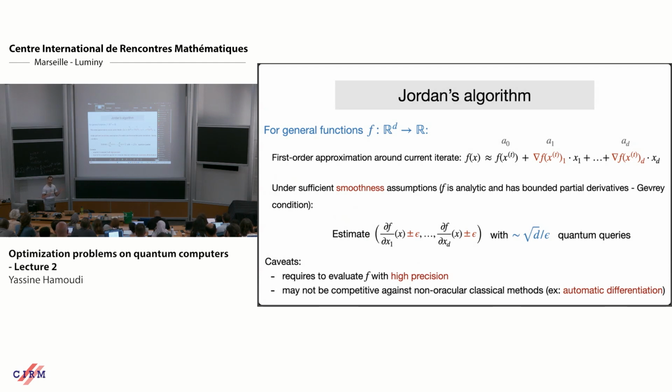Right now we just assume that the only thing you can do to get information about f is to make queries. You don't know how the oracle is actually implemented. Of course, in practice there is some actual implementation, so you could just open up the circuit and look at it. This is what is done, for instance, in automatic differentiation, and it may be more efficient than these black-box approaches. So it's a case-by-case analysis. But this is a potential quantum speedup when automatic differentiation cannot be applied.